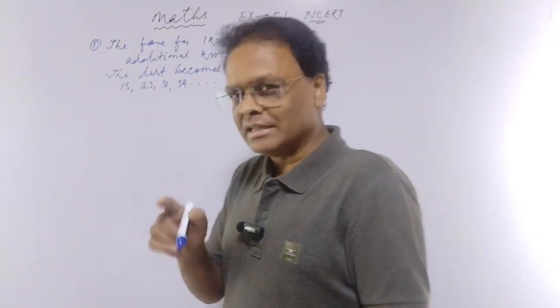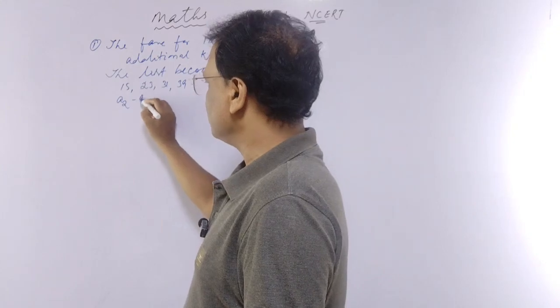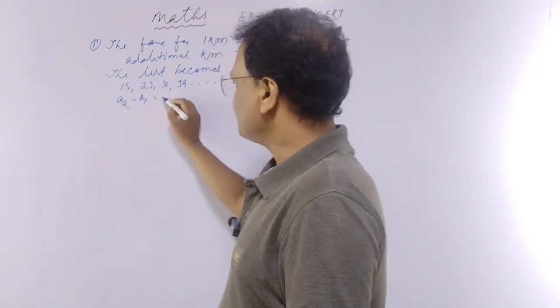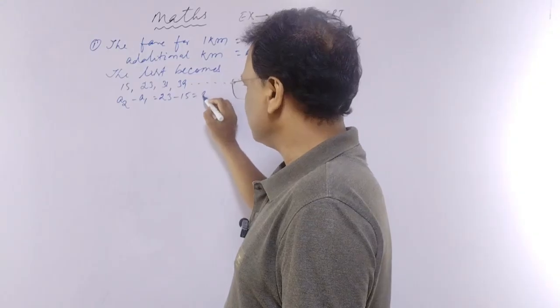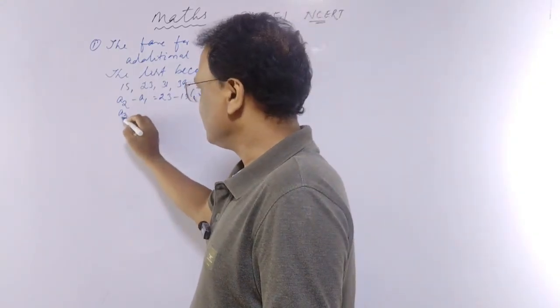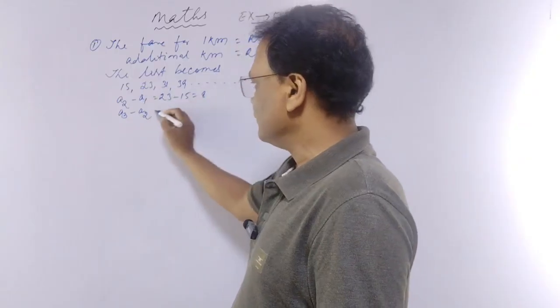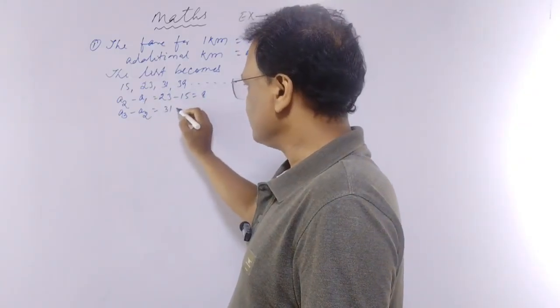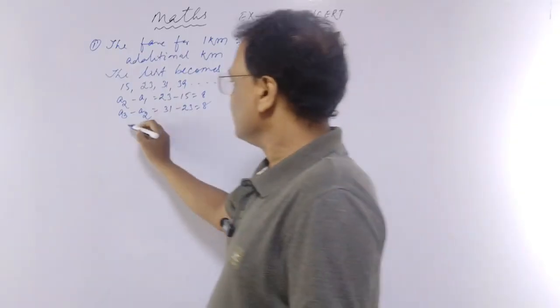For checking whether it is an AP or not, as I have already told you, you have to find the difference. A2 minus A1: A2 is 23 and A1 is 15, so 23 minus 15 is 8. Now find A3 minus A2: A3 is 31 minus 23, which gives again 8.